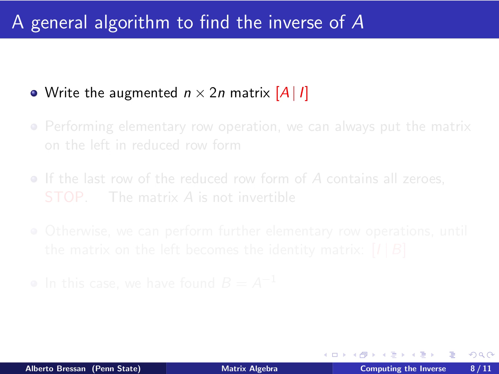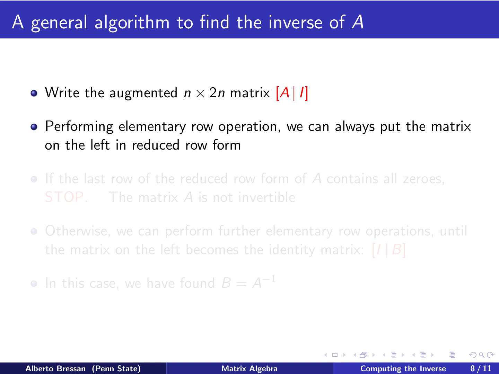Okay, so let's put the findings together and design an algorithm to find the inverse of A. Step 1, we write out this composite, or augmented, m by 2n matrix. We put A next to an identity matrix. We perform row operations on the whole matrix, but the goal is to reduce A into a reduced row form, and we know there are finitely many steps to reach that.